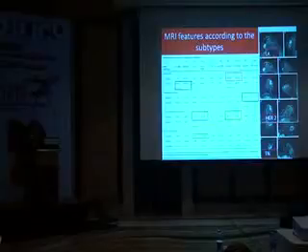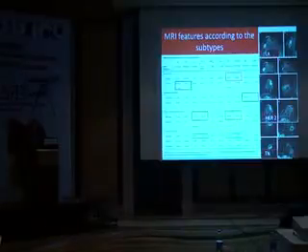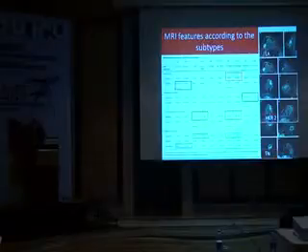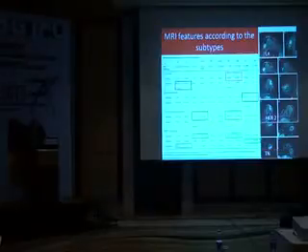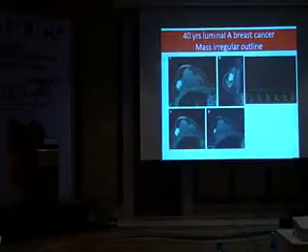As regards the kinetics, the persistent curve was found with luminal B cancer and also with HER positive cancer, and the washout curve was found with luminal B cancer, and the plateau curve was found with triple-negative cancer.